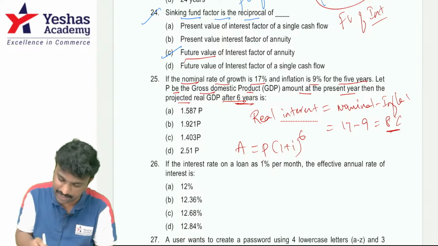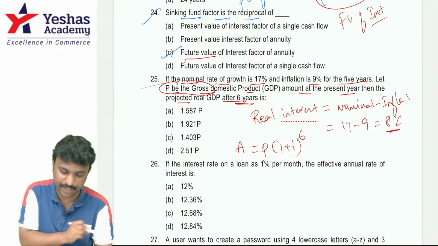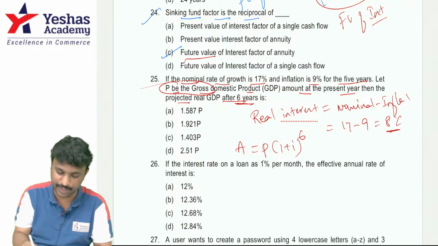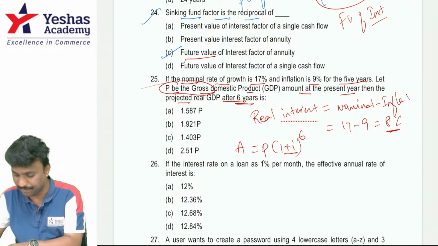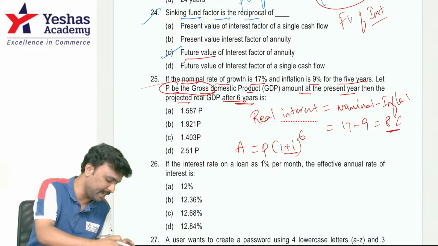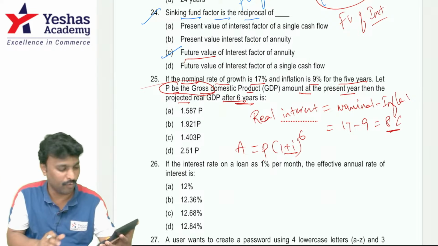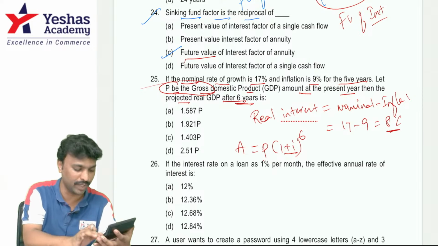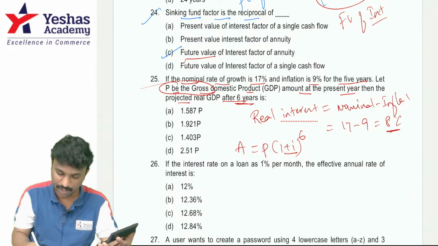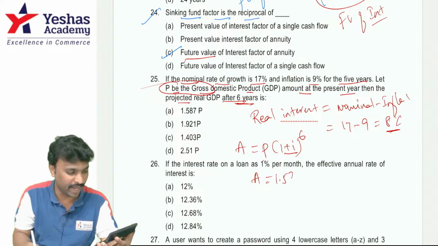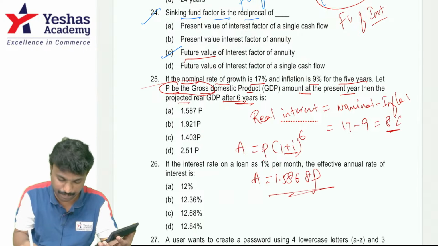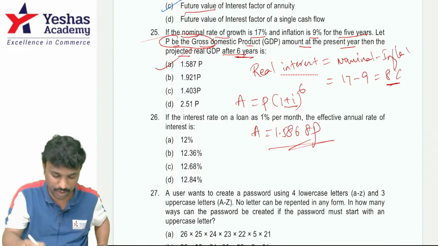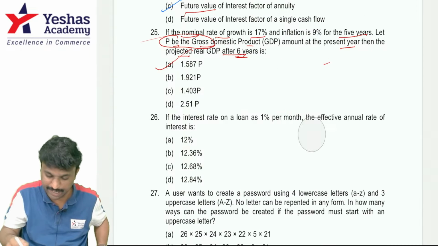P is given as P only, the present gross domestic product is P, so P remains P. Now what we need to do is 1 plus 8%, press into, equal, how many times? 5 times. 1, 2, 3, 4, 5. That gives you A equal to 1.5868 times P. That means option A is the nearest answer. Moving on to the next question, question number 26.